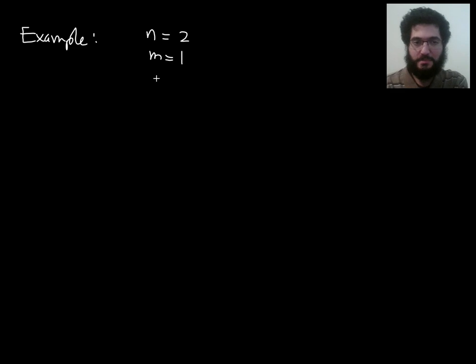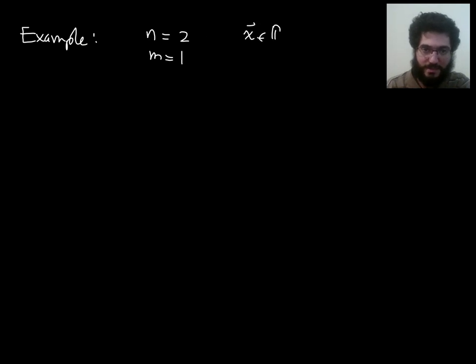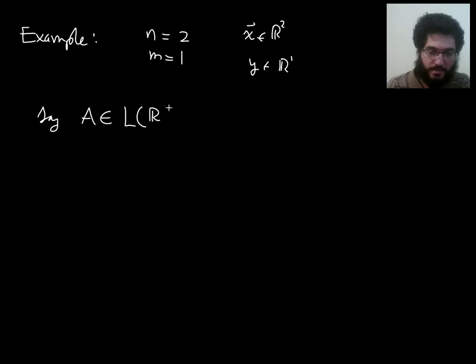Okay, let me just give an example before I state the linear version of the implicit function theorem. So let me give you an example where n is 2 and m is 1. Remember, we think of x's as being in R^n, so here R^2, and we think of y's as being in R^m, so here R^1. Then let's say A is a linear map from R^3, 2 plus 1, to R^2.